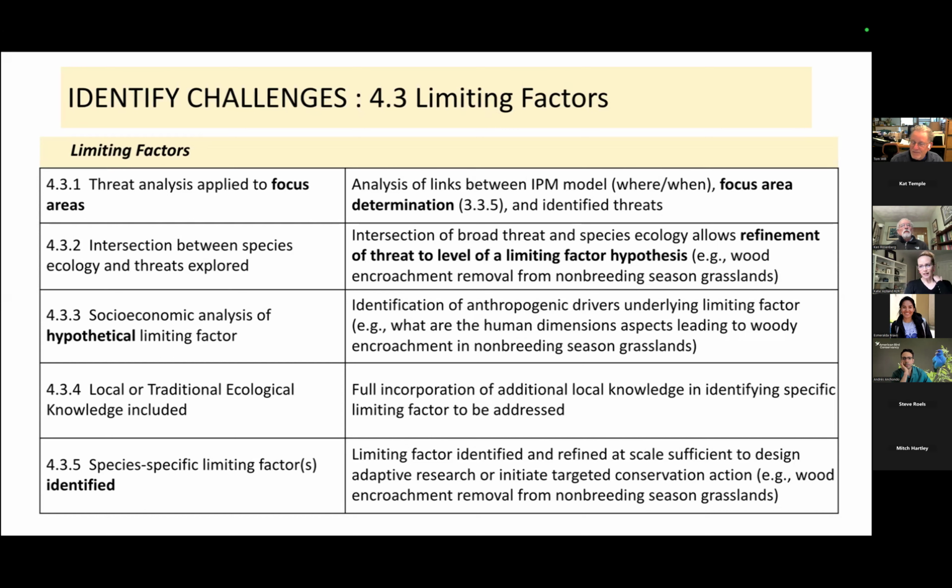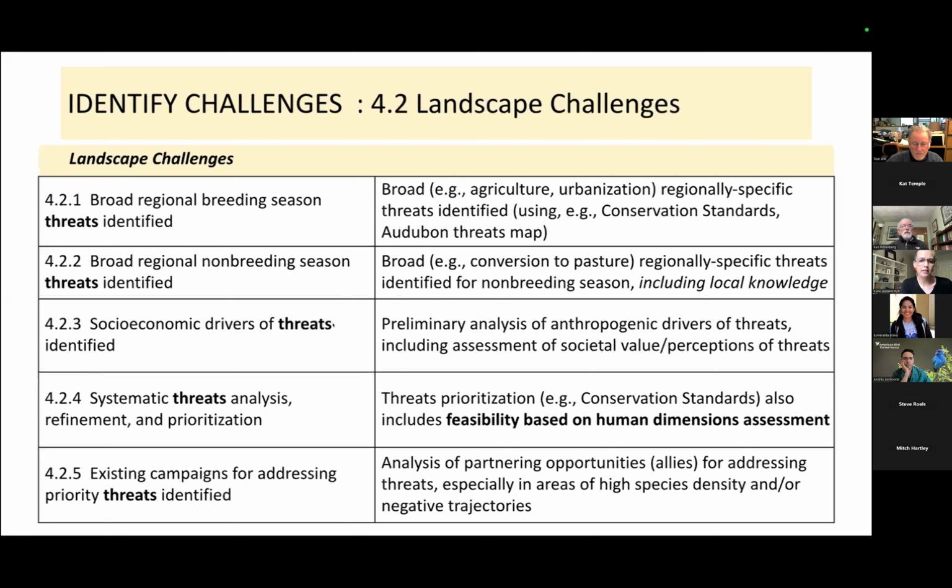It's a great point, and I think it's why, I'll see if I can go backwards, it's why number 5 for landscape challenges is looking at how these campaigns are already being addressed. Who's doing this work? What are they doing?